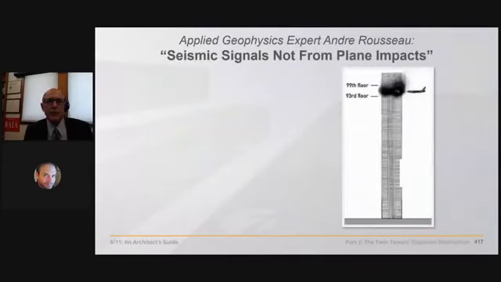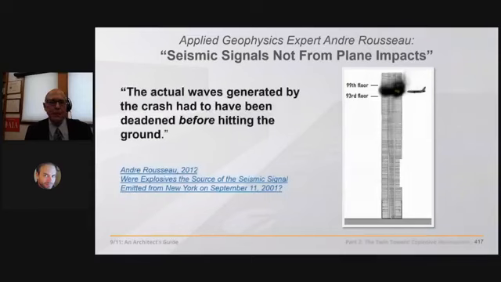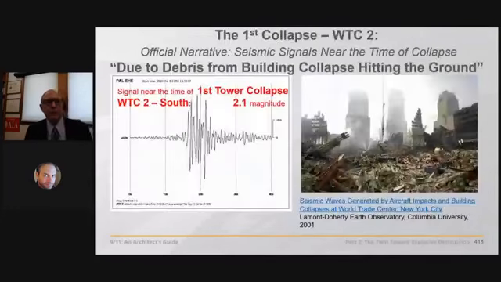Hey, let's go to the, he says they're not from plane impacts. The actual waves generated by the crash had to have been even deadened before hitting the ground. The seismic shock of the planes hitting the towers, much less, couldn't have traveled 20 miles north.